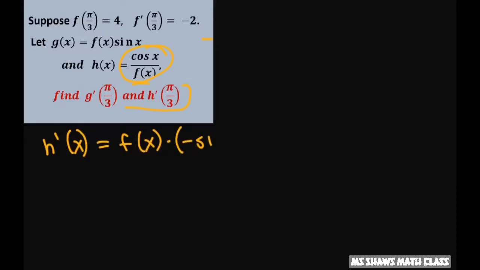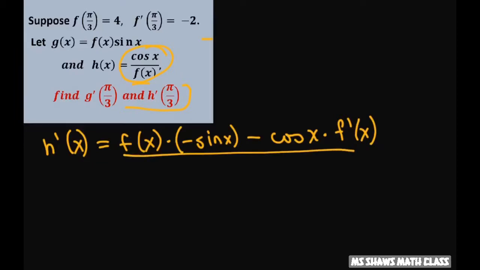So that's negative sine of x. All right, and then you subtract, and you take your numerator, cosine of x, times the derivative of f. And this is all divided by f of x squared.